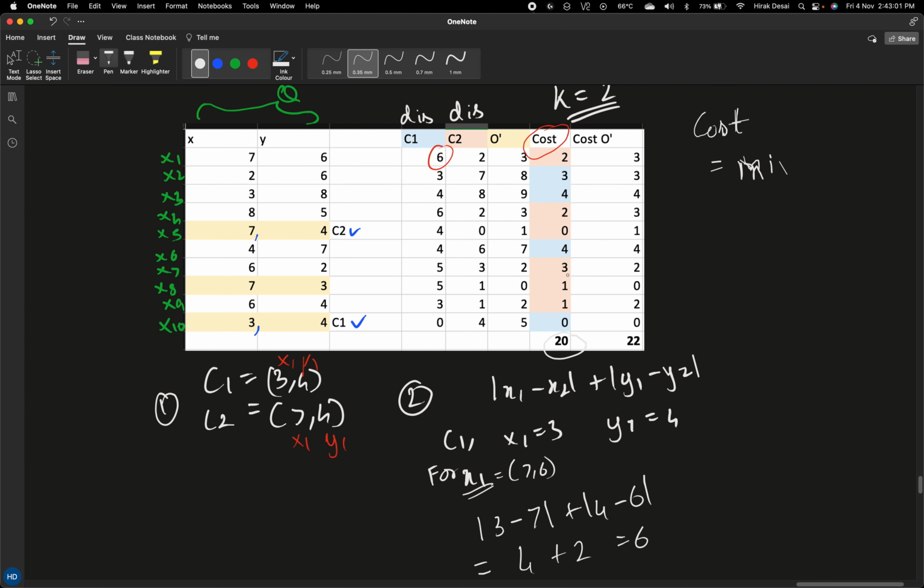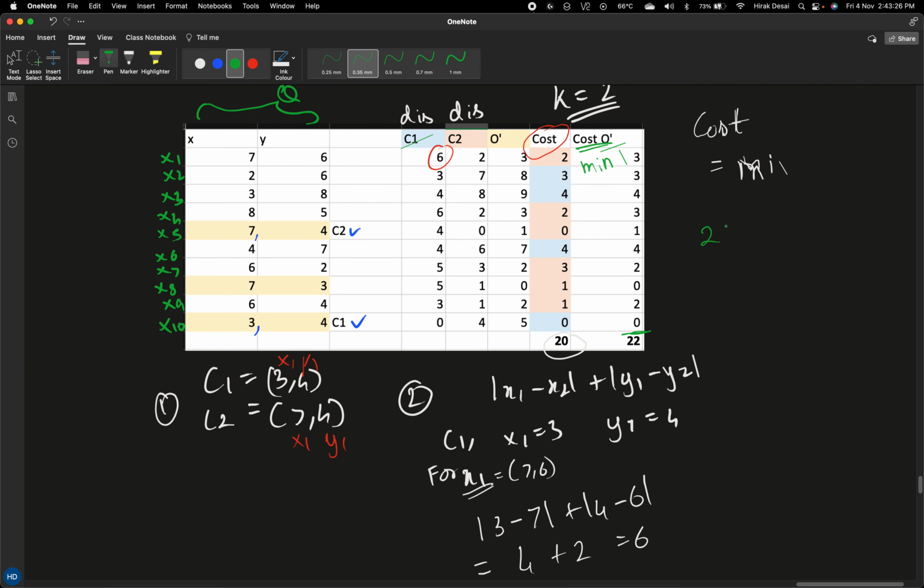That would give you 3. So you calculate that, and this column comes. Now to calculate the cost of O dash, you take the minimum of C1 and O dash. That is how you get this. Then you calculate the total cost, which is 22.